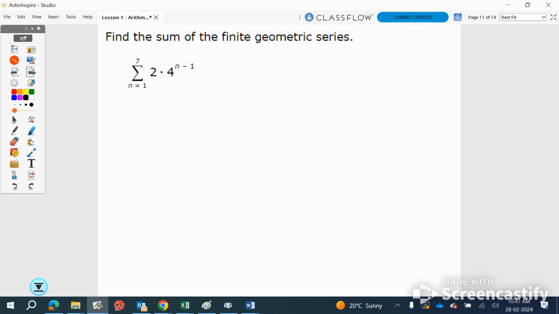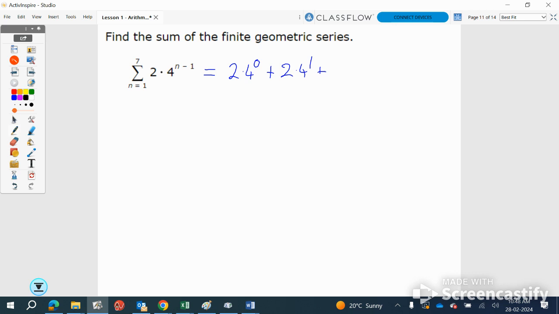This is sigma notation. I'll show you how sigma notation works. To expand this, firstly, n will equal 1. We put that into the formula and get 2 times 4 to the 0. And then we're summing it. Then n becomes 2, and we get 2 times 4 to the 1.